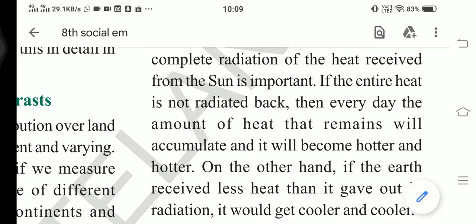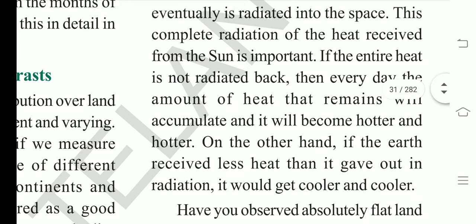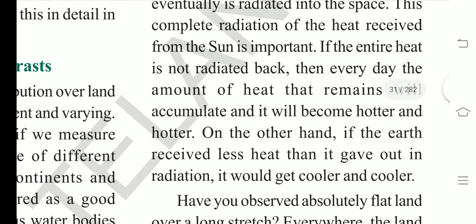But we are living here, along with many animals and plants also surviving on the Earth. It means that much of the heat absorbed by the Earth is not stored by the Earth. It releases it into the air and also into space. How much does it release? It releases the excessive heat.